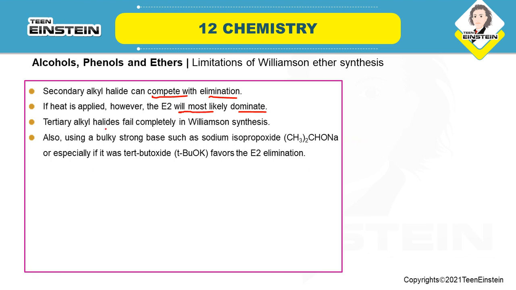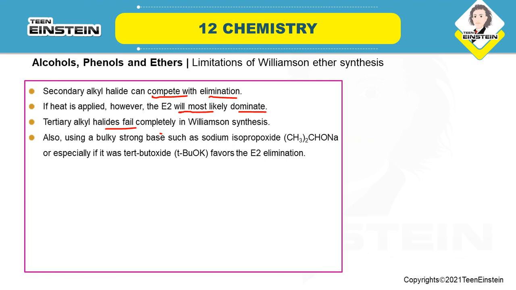If it is tertiary alkyl halide, it fails completely in Williamson. With 2 degree, there is a chance of getting ether, maybe in lesser percentage, but still there is a chance. But if it is tertiary, it fails completely.